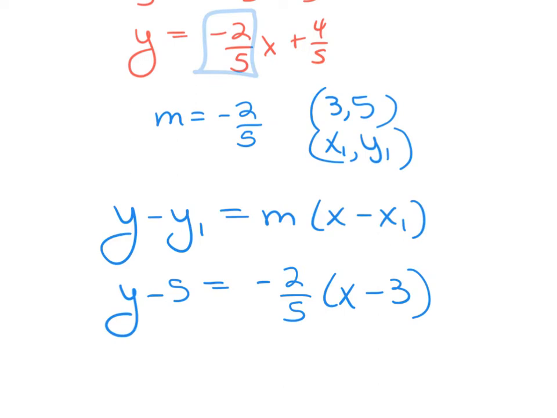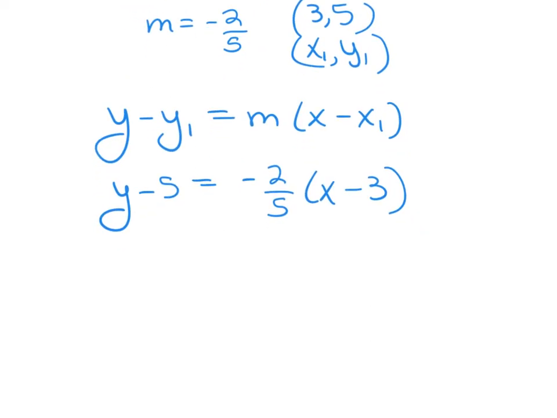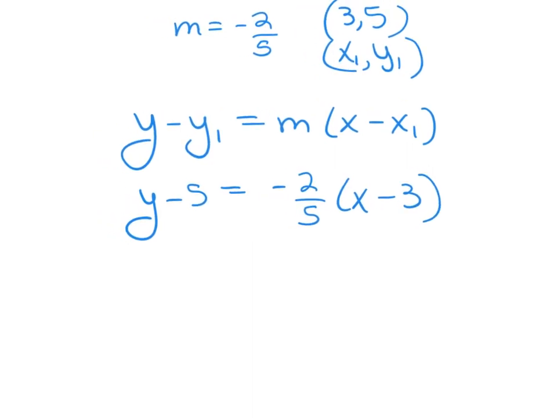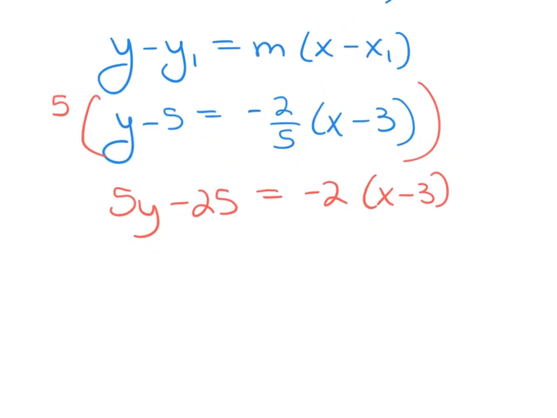If it wants slope intercept, then I'm going to distribute and combine like terms. Let's go ahead and put it into standard form first. So I'm going to get rid of the fraction. I'm going to multiply everything by 5. So 5y minus 25 equals -2 times x minus 3. I'm going to distribute.